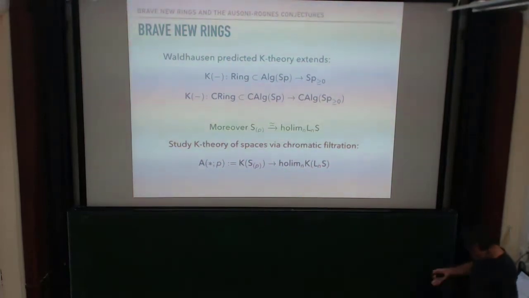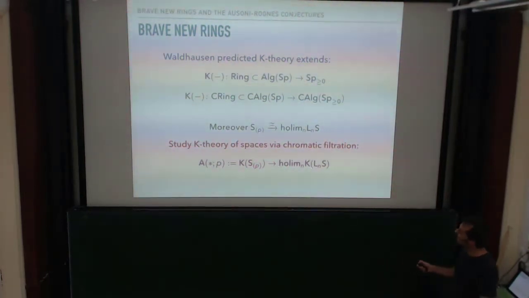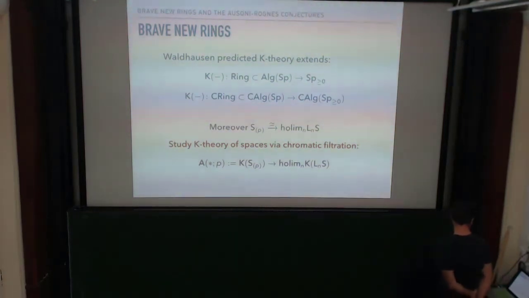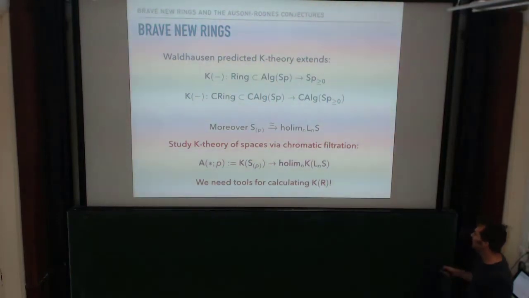And so Waldhausen was advocating trying to use this chromatic filtration to try to understand this guy, even though we actually know basically nothing about how far this map is from being an equivalence. So we now need tools for calculating the K-theory of ring spectra, something like this Lichtenbaum-type spectral sequence.